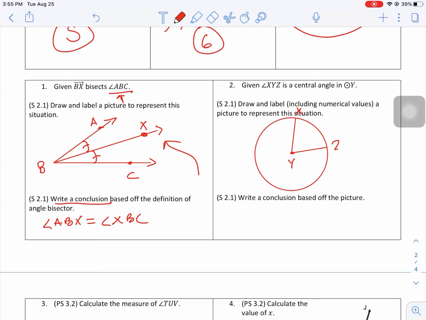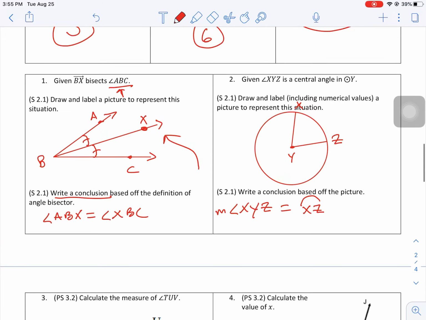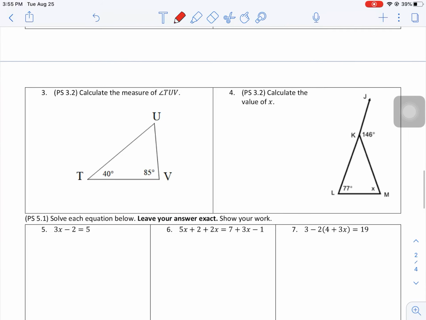So this is X up here and Z over here, all right? Write a conclusion based off the picture. Well, we know that the measure of angle XYZ, whatever it is, it has to equal the arc XZ. Right? We know that. We know that the central angle equals the arc. We just went over that.